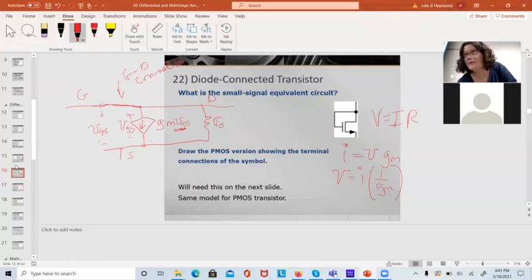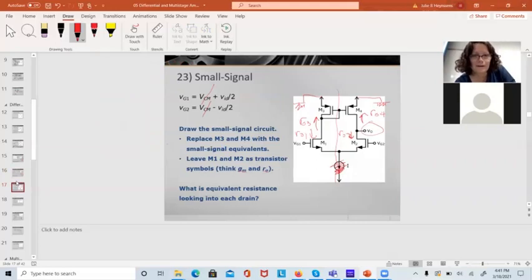These two are in parallel. But it's not really going to affect the gain of this transistor, because we're taking our output off of that one.